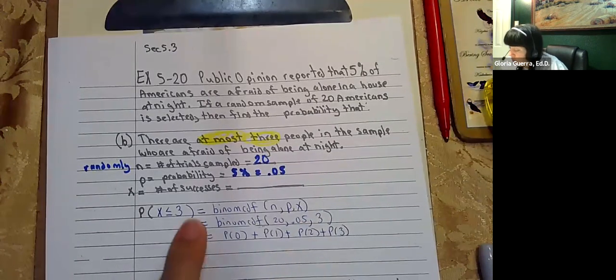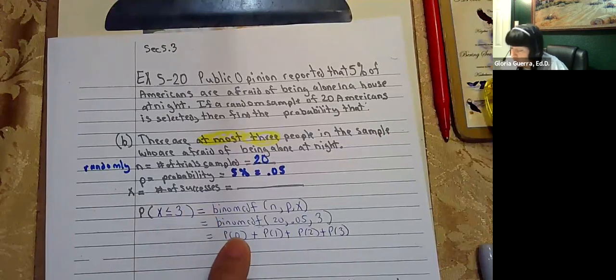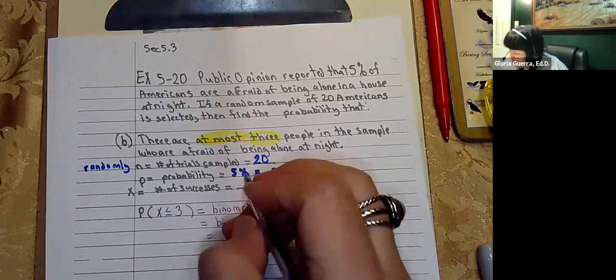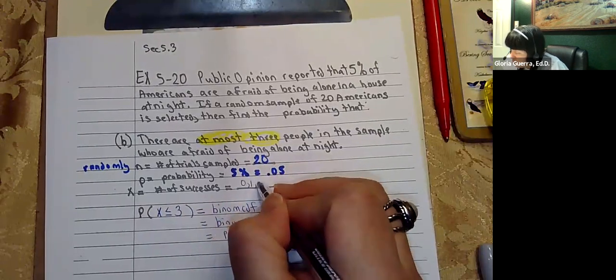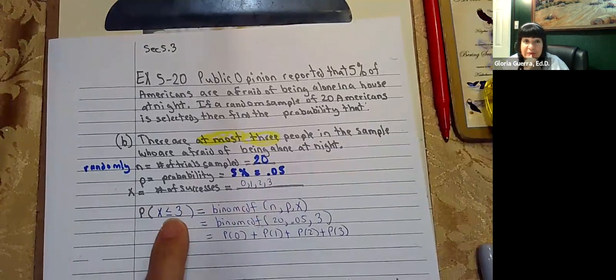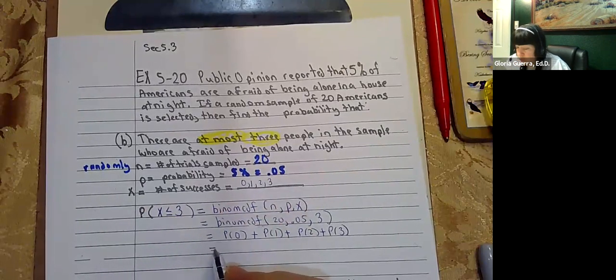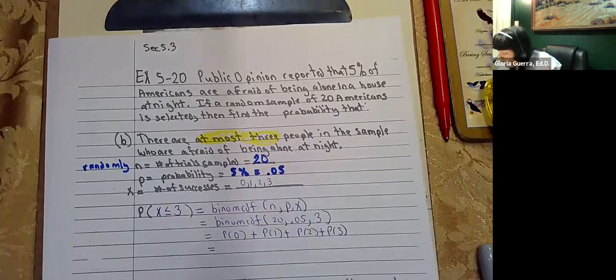So that means here, X equals the number of successes. It will be 0, 1, 2, 3. And that makes sense, X is less than or equal to 3. Okay. So then you would use your calculator commands.